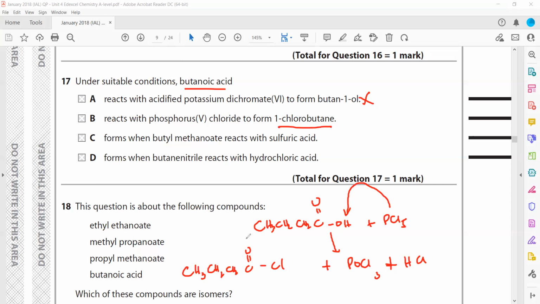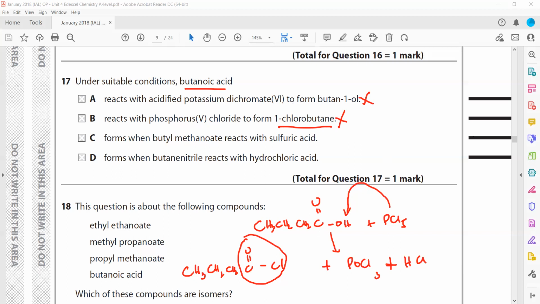It does not form chlorobutane. It will form an acyl chloride, not a simple haloalkane. If an alcohol was there, then it would produce chloroalkane. So why B cannot be an answer? Because it does not form chloroalkane. It will produce an acyl chloride.